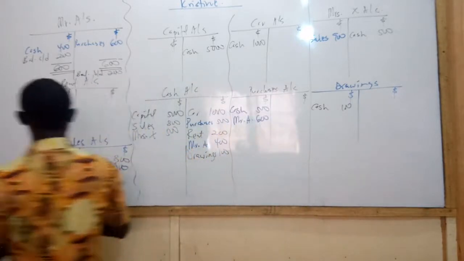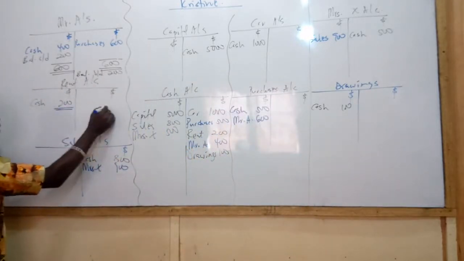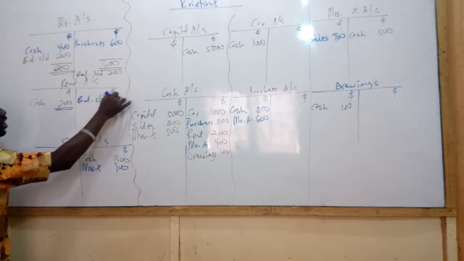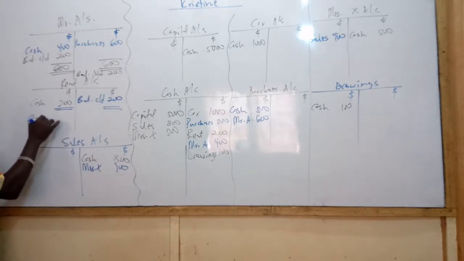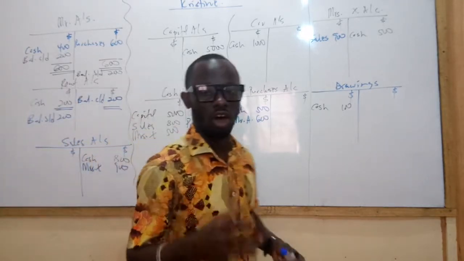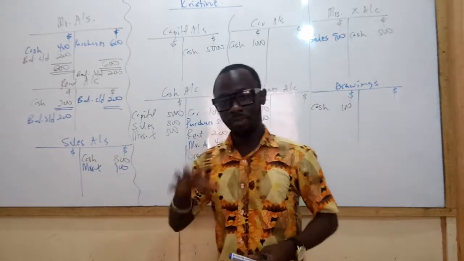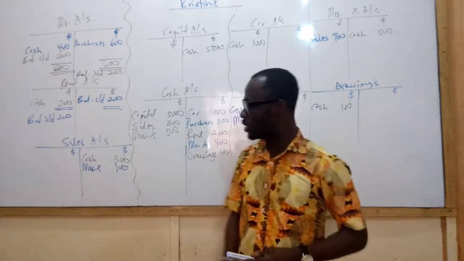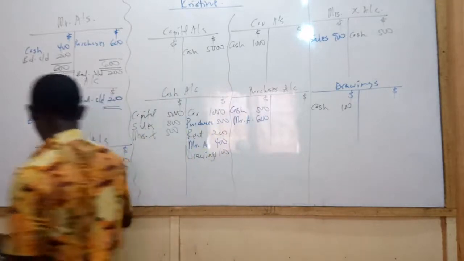Then the rent account, I think that's the only item there. So we just soup it up. Balance carried down 200, and balance brought down will be here as 200. And I mentioned also that all expense accounts keep debit balance, and rent is an expense, so it keeps a debit balance. Then we come to the sales account.